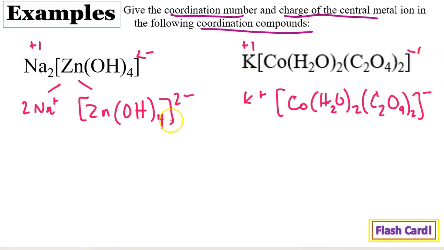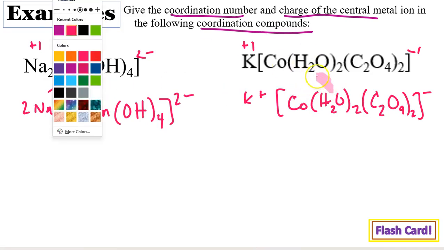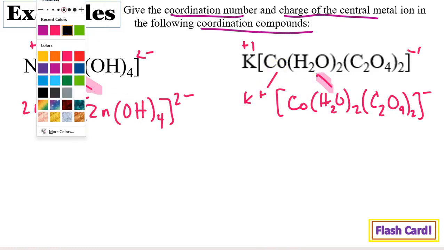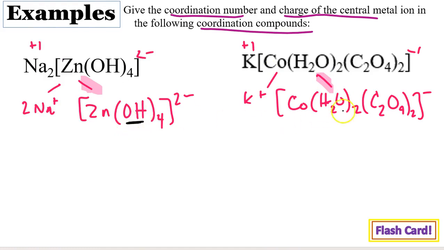Now, the next thing you want to do is consolidate all the different ligands in your complex ion. So that means we're only focused on this complex here and, of course, this complex here. So I'm going to be focused on this OH ligand and then this water ligand and this oxalate ligand. So these are all the ligands in these different compounds. Okay.